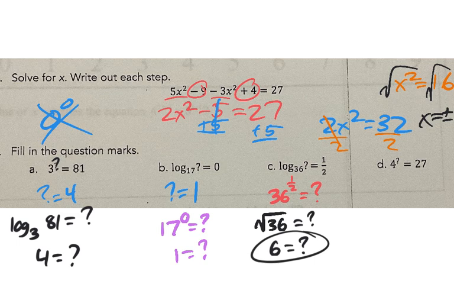I don't get a clue. But I could solve for the thing I'm looking for by rewriting it as a logarithmic equation. So this becomes log base 4 of 27 equals the thing I'm looking for. Now, do you have a calculator on this problem or do you not?